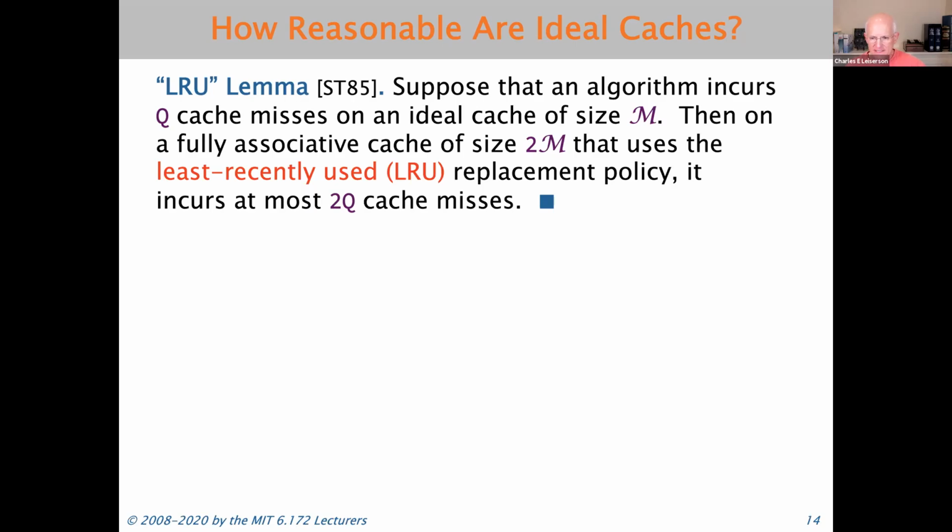Now let's run the same algorithm on the same input, but on a computer with a fully associative cache of size 2M, where the cache uses the LRU replacement policy. Then the algorithm with the slightly larger LRU cache incurs at most 2Q cache misses. That's what it says.